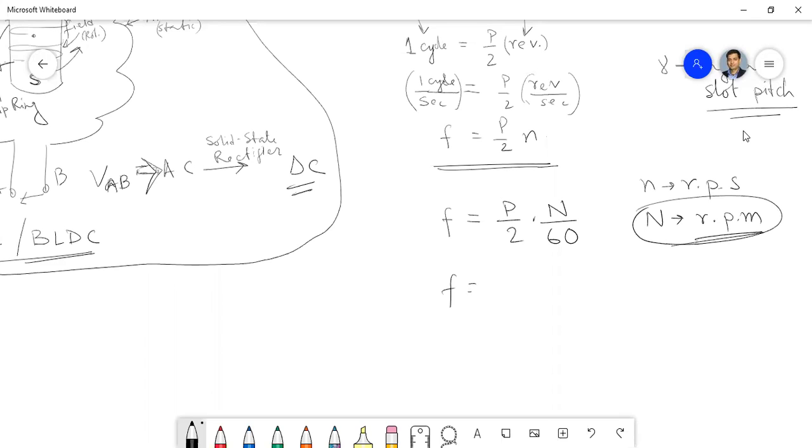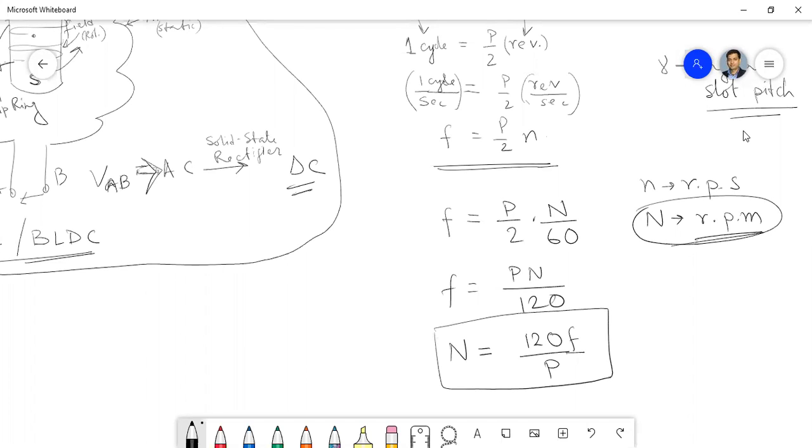So in that case it will be f = PN/120. That means the speed is N = 120f/P. You will require this expression for other machines. Is that clear?